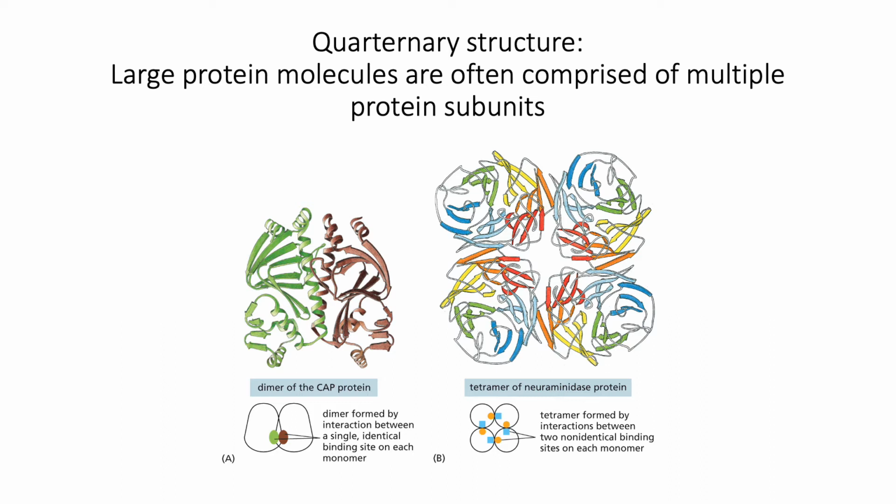And then we have a tetramer. Here they're showing neuraminidase, and it's formed by 4 proteins coming together. Hemoglobin is another protein that has 4 subunits. RNA polymerase, which we'll talk about a lot later when we talk about transcription, has 10 to 12 subunits. The ATP synthase, which we talked about, is 27.